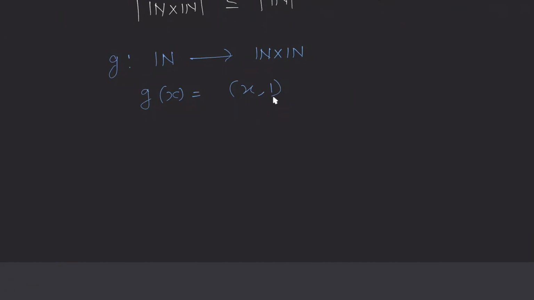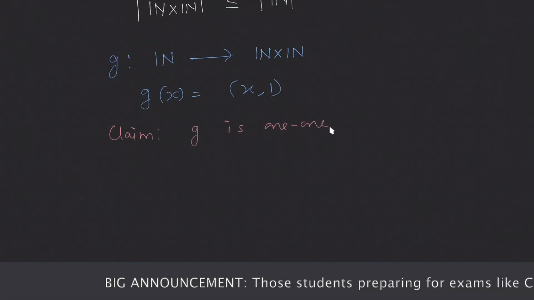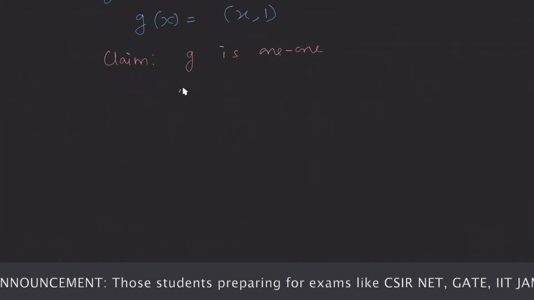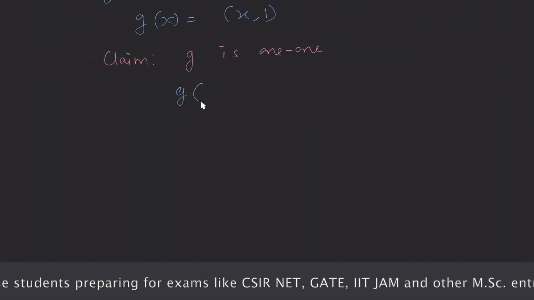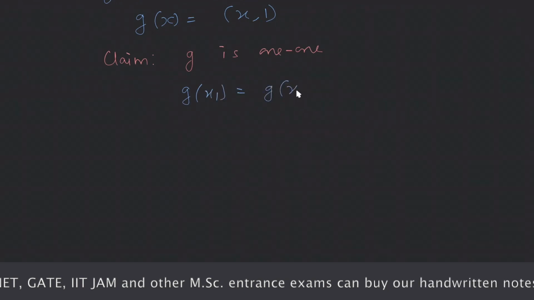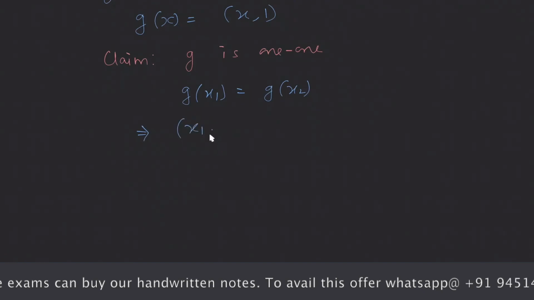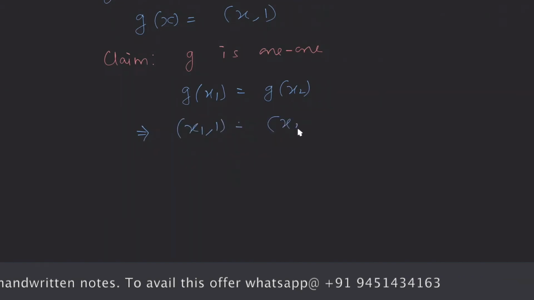Again I am going to make a claim, and the claim is that this mapping G is 1-1. So let's see what happens when images are the same for two different x1, x2. So G of x1 equals G of x2. From the definition of the mapping, it will be (x1, 1) equals (x2, 1).